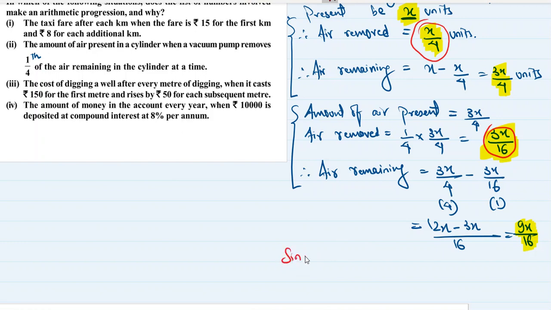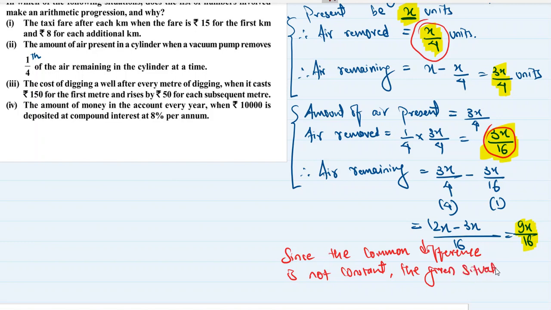Since the common difference is not constant, the given situation does not represent an AP.